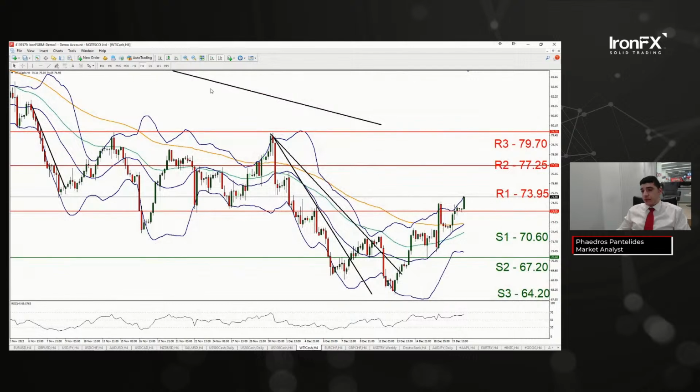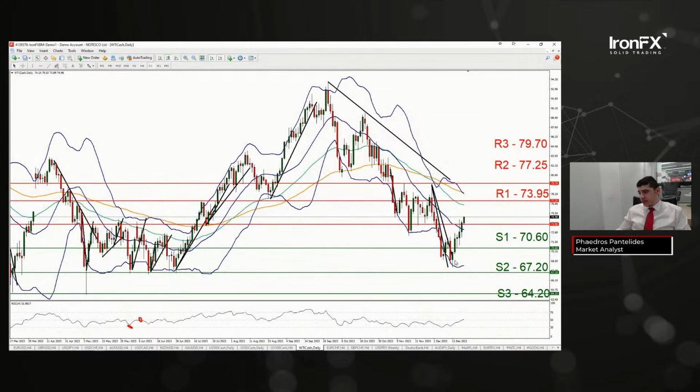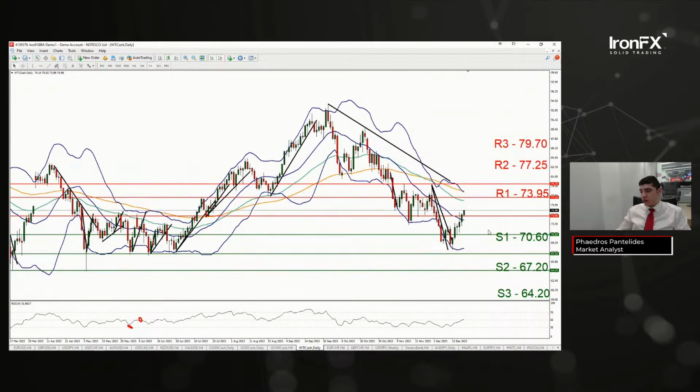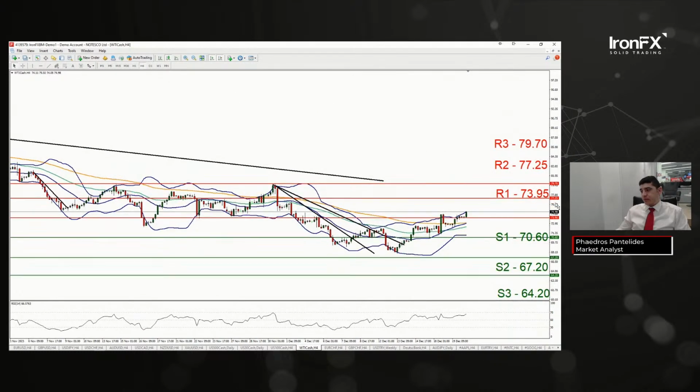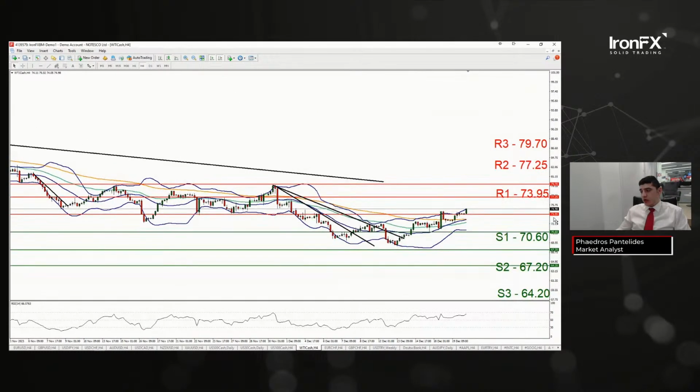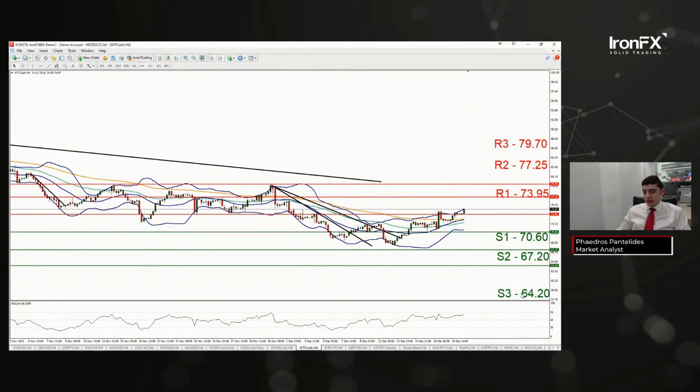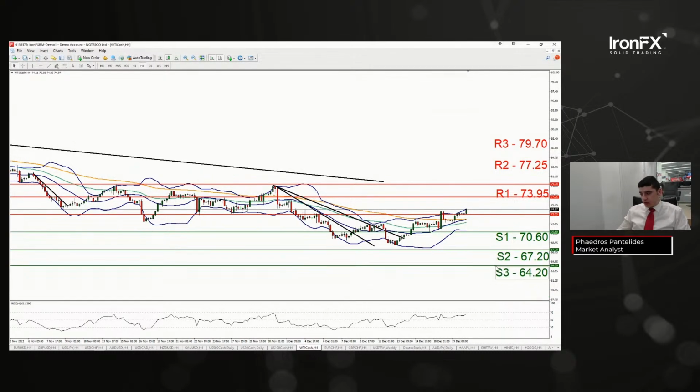Moving on to oil. So over the past few days, as you can see, oil has been moving in an upwards fashion. On the weekly, it could end the week for a second week in a row in the green. Now, this could be due to the current situation in the Red Sea. A high amount of trade occurs through the Suez Canal, connecting Asia and Europe.